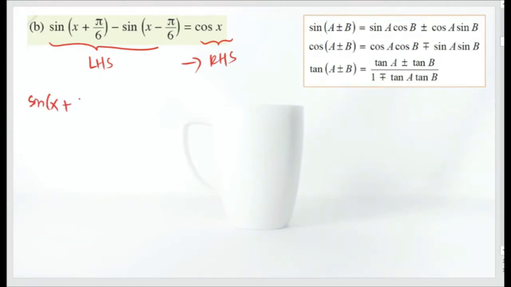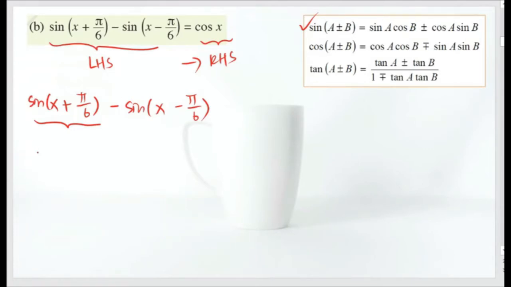Sine x plus pi over 6 minus sine x minus pi over 6. So which formula are we going to use? Sine, of course, the first one. So we have to use this one first, sine a plus b. So it's sine x plus pi over 6.